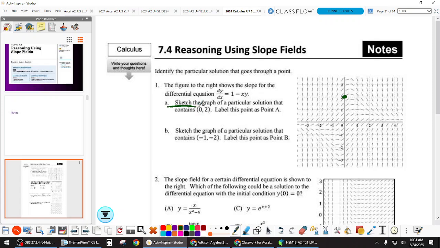It's a sketch, it's not going to be perfect. So basically from there, just follow the current. Remember we talked about that on Friday, just follow how the slope would kind of take you. Something like that. So that is the particular solution for the point 0, 2. Kind of like giving you that initial condition to solve for C, essentially.